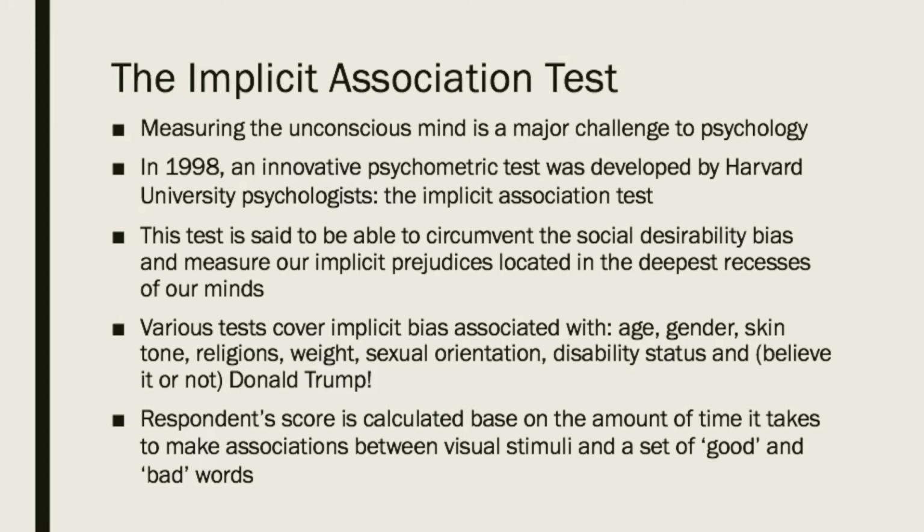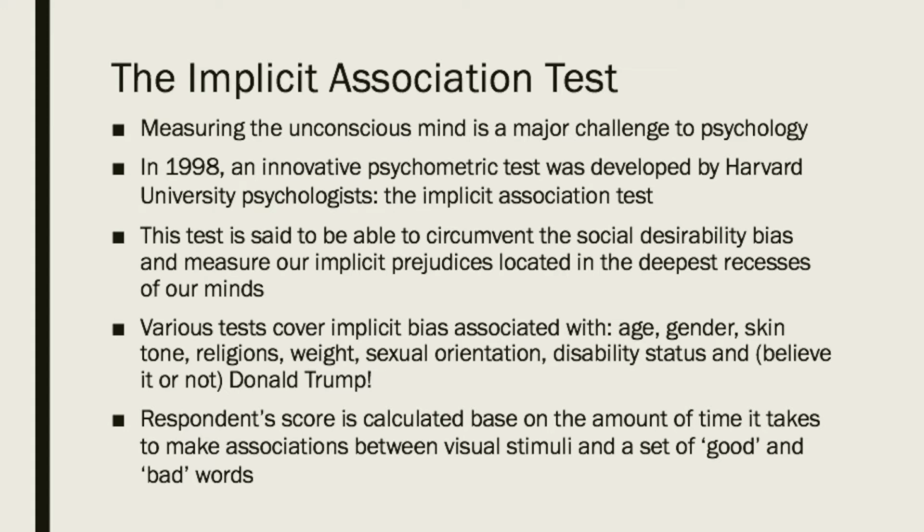This is a psychometric test that they claim can evaluate and assess the extent to which an individual is implicitly biased in favor of one group or against another. This test was truly groundbreaking in that it can, in theory, circumvent the social desirability bias that we all have. What does this mean, social desirability bias?